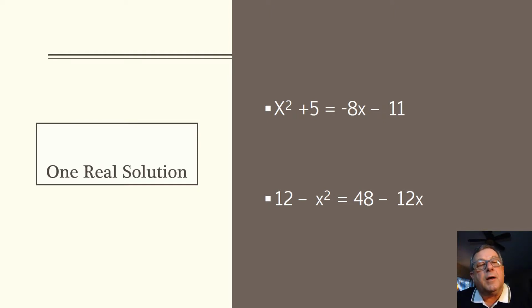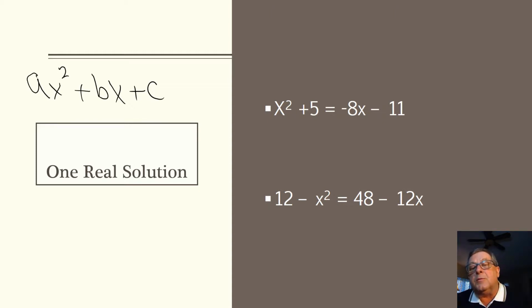Now, also remember that we must get our equations into standard form: ax squared plus bx plus c. In this example, I've got a little bit of work to do.